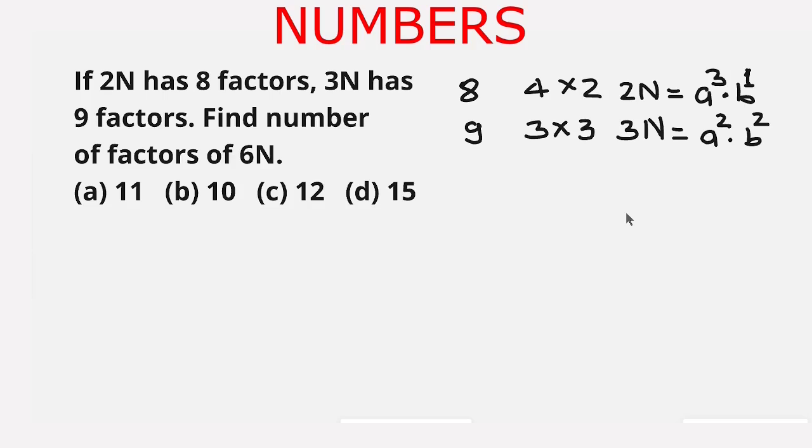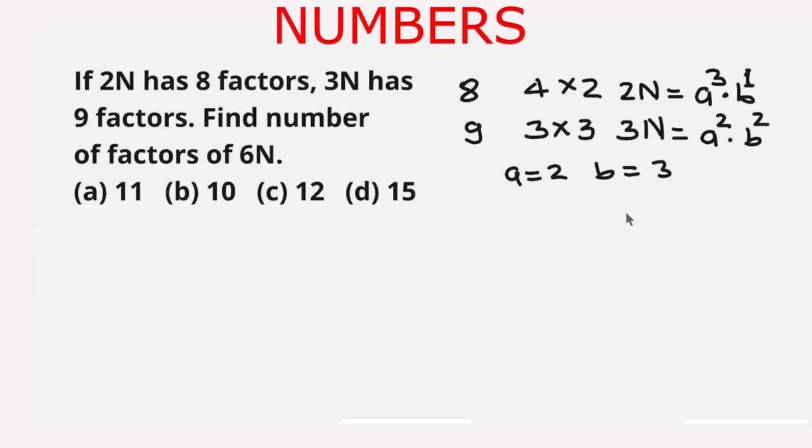So a must be equal to 2. And in 3n, 3 is to be merged with a or b. But we have discussed that a must be 2. So here 3 has to be merged with b, so that the power of b becomes 2. So a equal to 2 and b equal to 3.